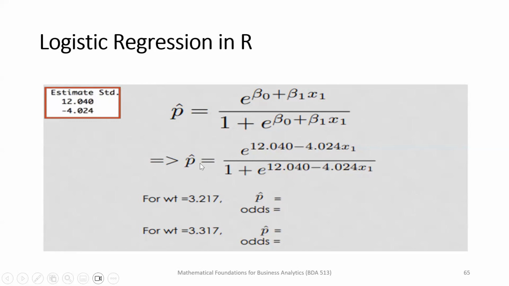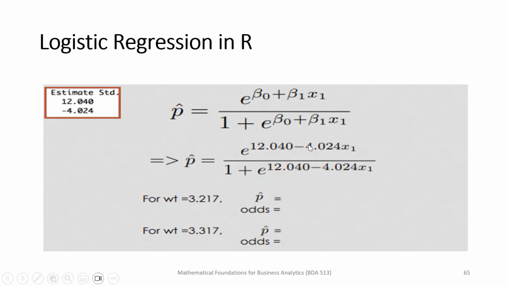So we have the probability equal to Euler raised to the power of the intercept, 12.04, minus the coefficient of the weight, negative 4.024. Please, are you following? Yes, sir. We are just plugging in what the model gave us.